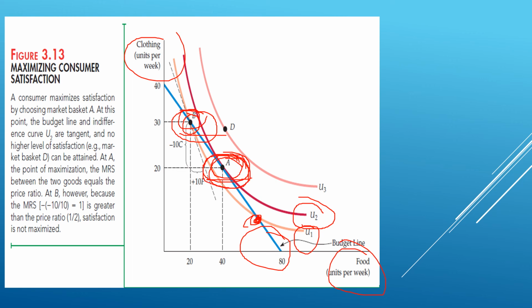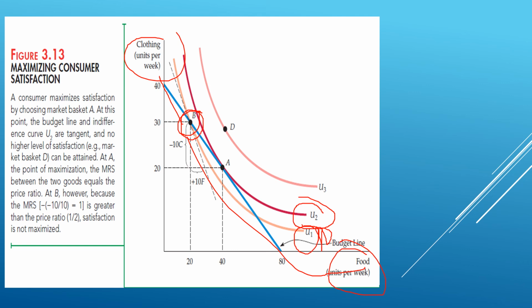But since this one, the market basket B here, touches our budget line, it is also a good choice. Especially if you are a person that is more on clothing rather than food, then you have to buy this kind of market basket, and you will only arrive at 100 units of satisfaction.